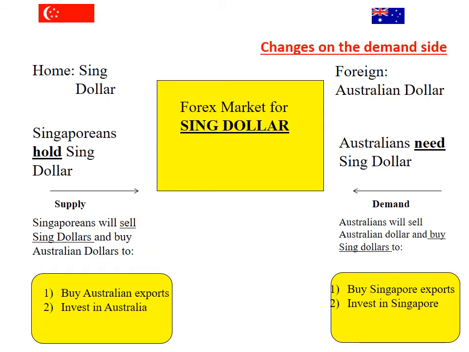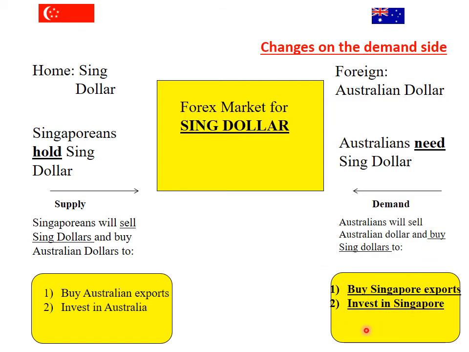Now, let's assume that there are now changes on the demand side. Now, what do we mean? If the motivation to buy Sing dollar changes, either it intensifies or it weakens, this will change the demand for Sing dollar. Okay, for example, Australians might want to buy more Singapore exports, or Australians might want to invest less in Singapore.